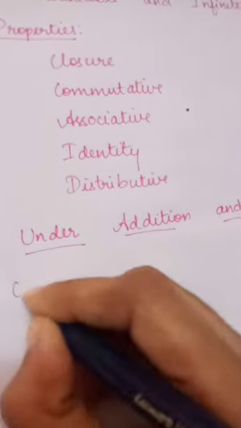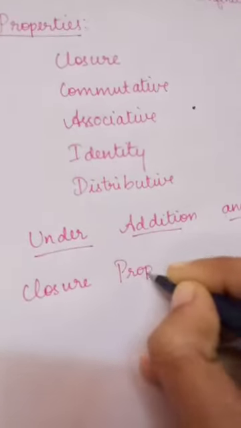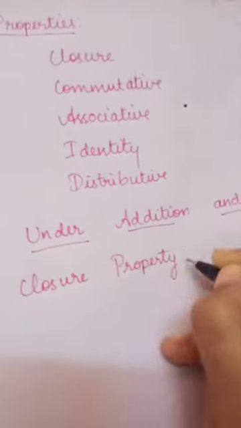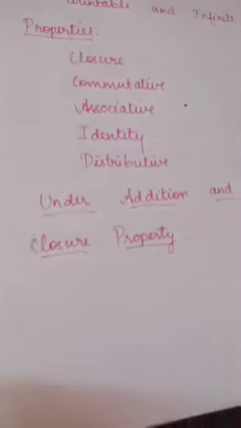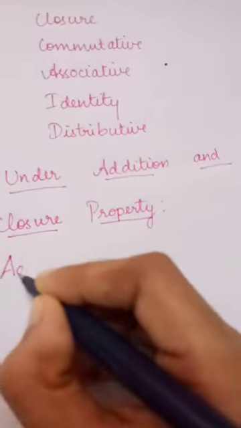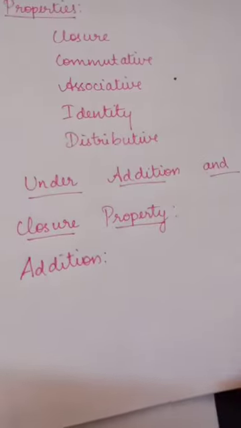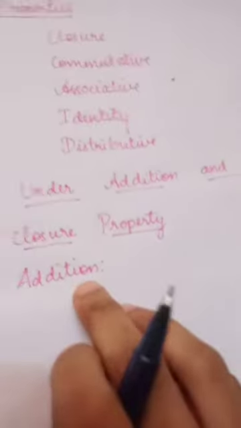Next is our closure property. First, under addition, whole numbers are closed under addition.